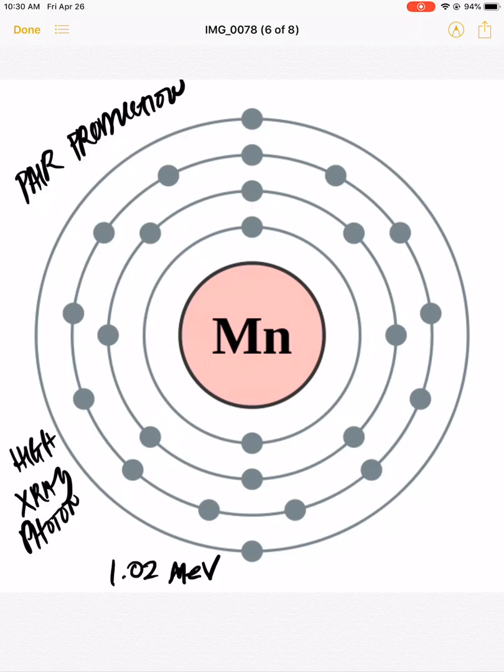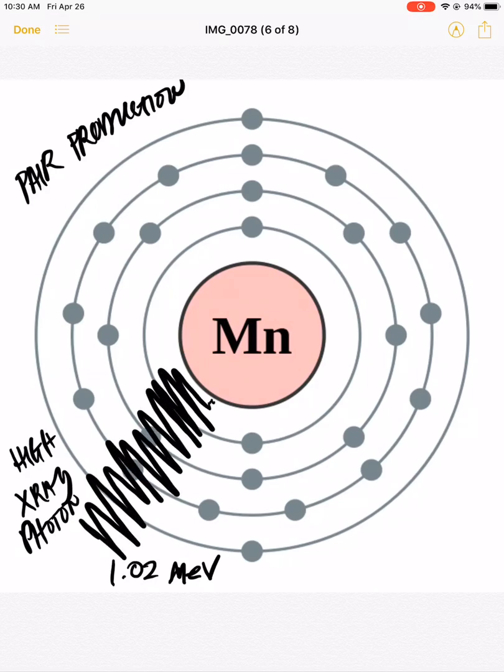The photon goes into the nucleus, and that's where it loses all its energy. And this is where it creates a pair. One pair coming here and another pair coming here. It creates the positron and negatron.